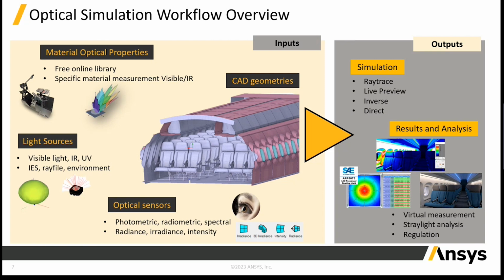And then we need to define optical sensors. So position the sensors to measure. So we have different types of sensors depending on which analysis you want to do. For the optical sensor, you can go from photometric to radiometric and spectral condition.